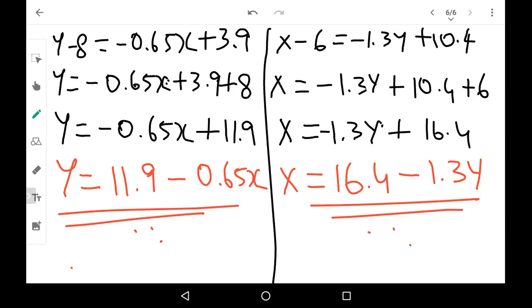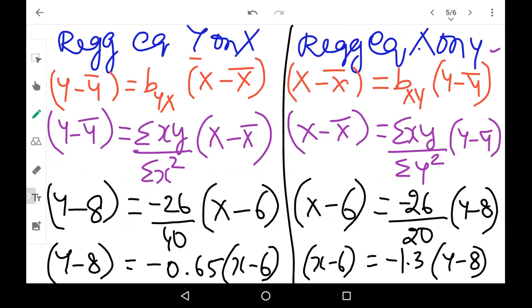The only thing you have to remember is this: the x on y and y on x parts, and this formula of sigma xy. If you understand these two and if you remember them, that is more than enough. You'll be able to solve the problem.